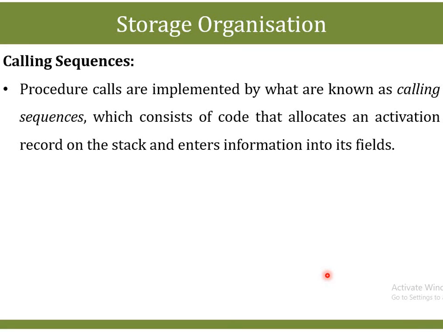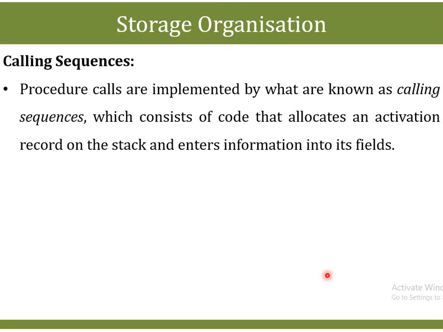There is something called a calling sequence. The calling sequence refers to the code which is responsible for creating the activation record and storing the information in the activation record. So whenever a procedure calls another procedure, the calling sequence will get executed, and it will take the responsibility of creating an activation record and storing the relevant information in appropriate fields in the activation record.